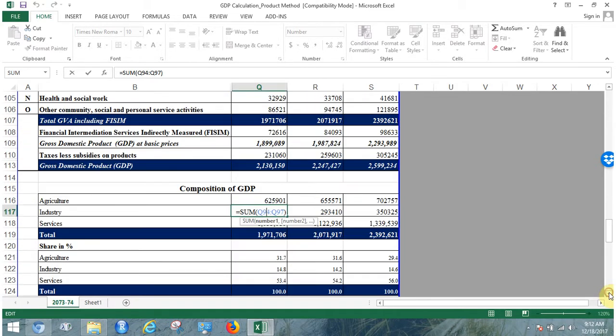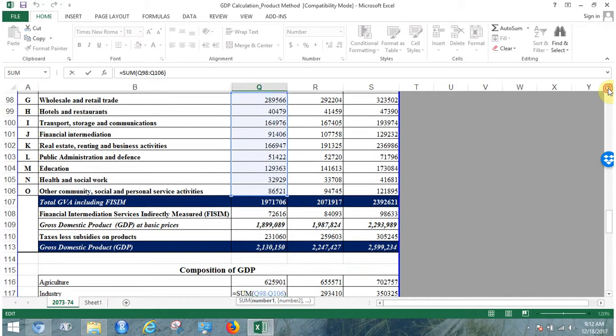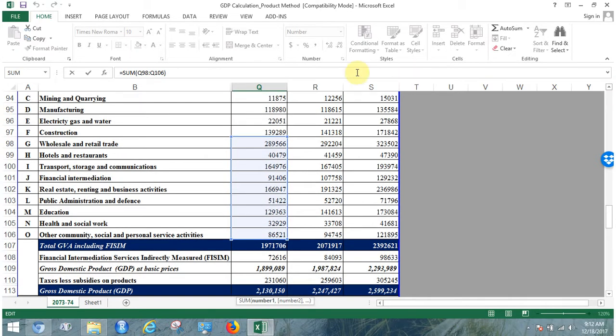Similarly, the value added by the services sector is the sum of all the remaining subsectors in the case of Nepal, that is wholesale and retail trade, hotels and restaurants, transport, storage and communication, financial intermediation, real estate, renting and business activities, public administration and defense, education, health and social work, and other community, social and personal service activities.